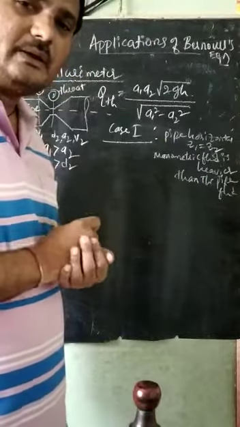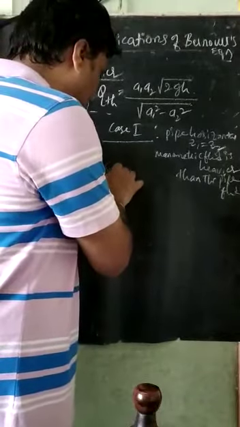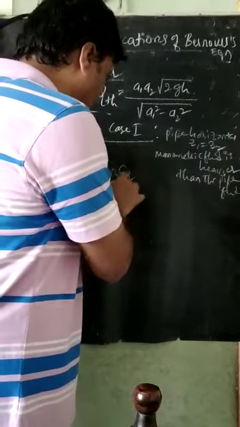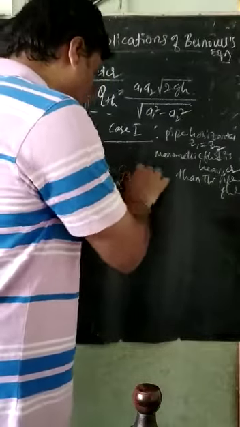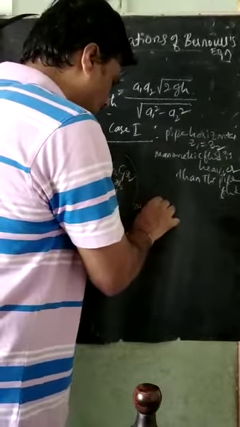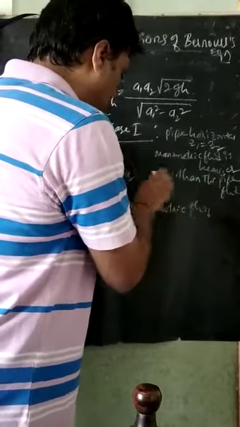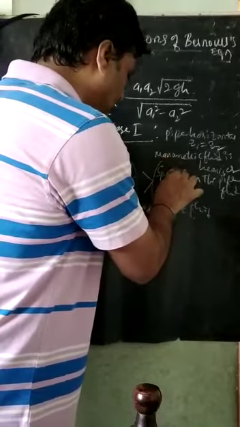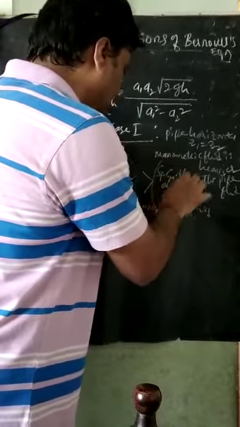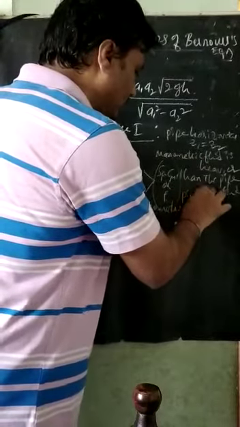The meaning is that the specific gravity or density of the manometric fluid is greater than the specific gravity or density of the pipe fluid here.